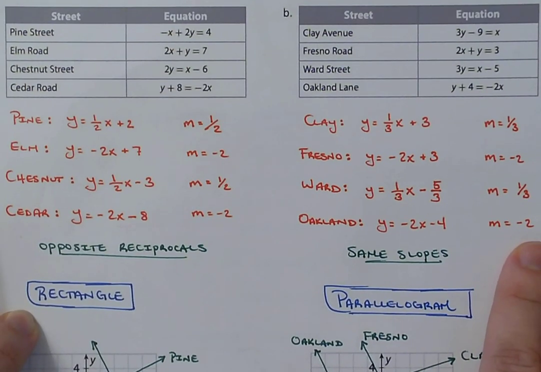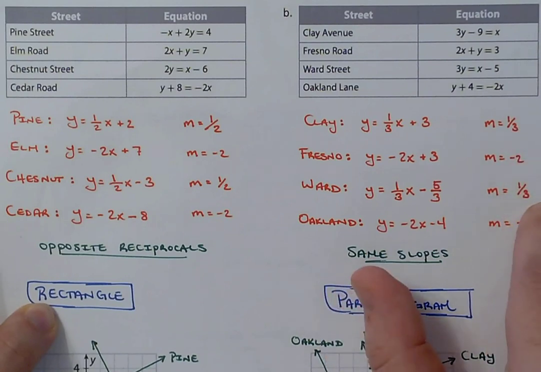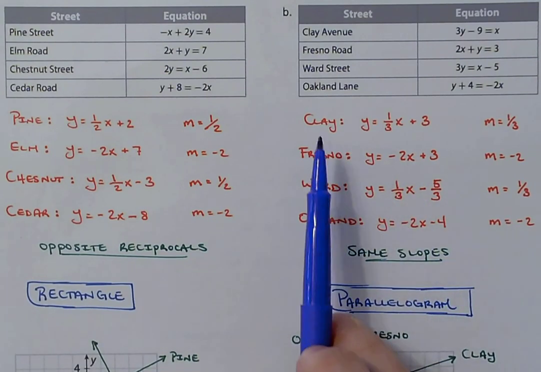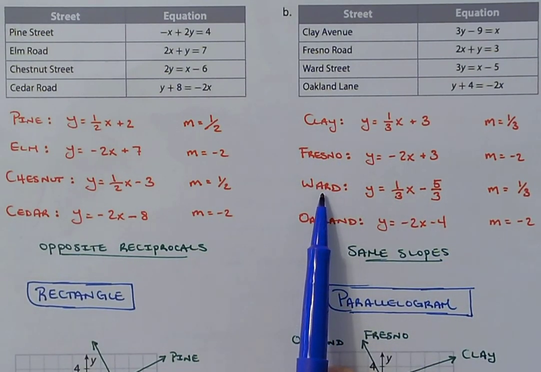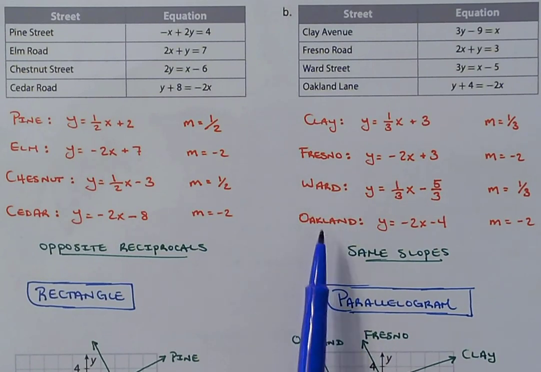Then you find the slopes: 1/3, negative 2, 1/3, and then negative 2. First, consider opposite sides: 1/3 and 1/3 are parallel, and negative 2 and negative 2 are also parallel. So I know that Clay is parallel to Ward, and Fresno is parallel to Oakland. Now, do the product of the slopes result in negative 1?